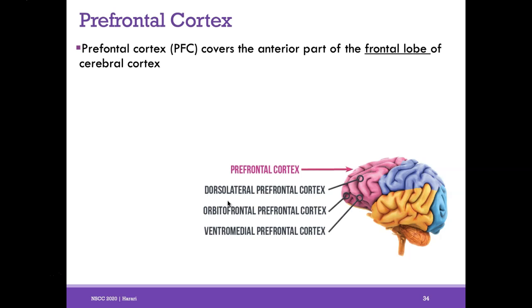And a special part of the frontal lobe is called the prefrontal cortex. So it covers the anterior part of the frontal lobe. And the PFC, the prefrontal cortex, controls our executive functions.